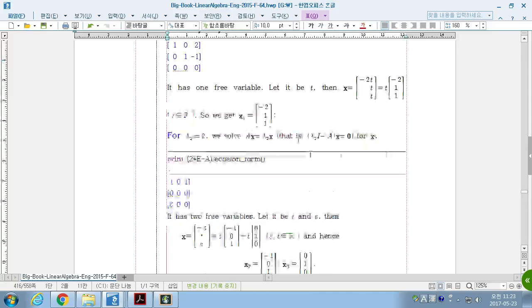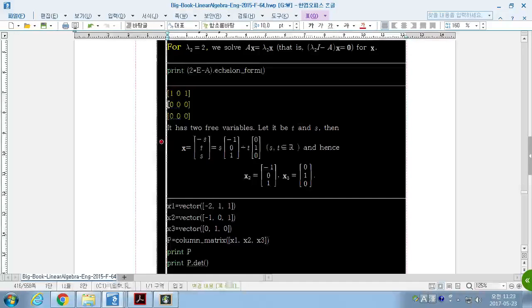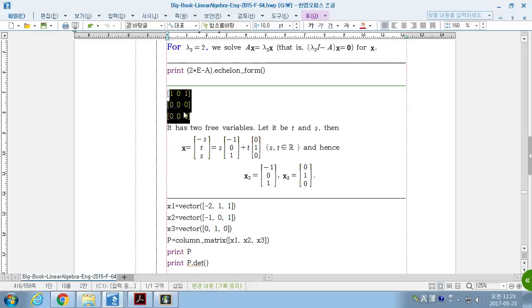Okay, here. So λ2 is equal to 2. You solve this linear system of equations to find the linearly independent eigenvectors, which form a basis for the eigenspace for λ2. Then you have 2 free variables.